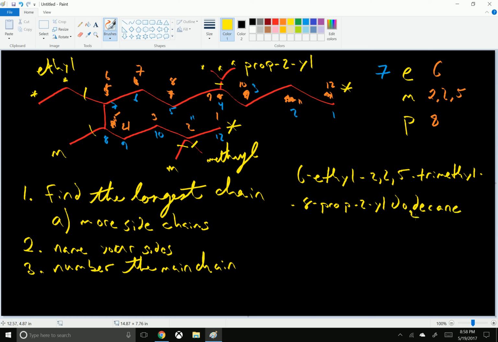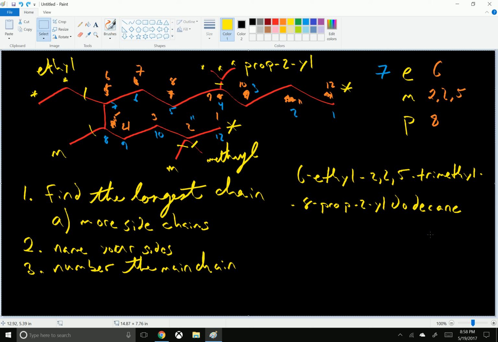Okay. Dec means 10, do means 2 more than, so dodec means 2 more than 10, or 12. And further, A and E is what tells us that this only has single bonds. No double bonds, no triple bonds. We will cover those starting, I believe, next week.